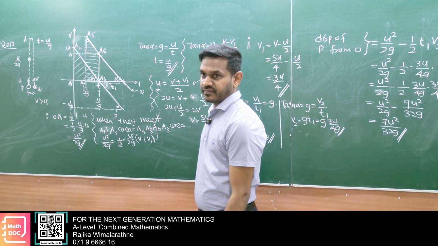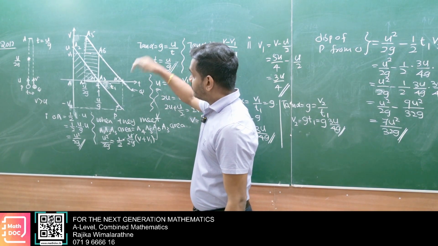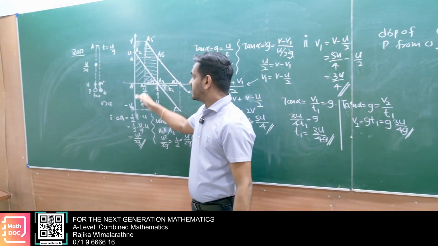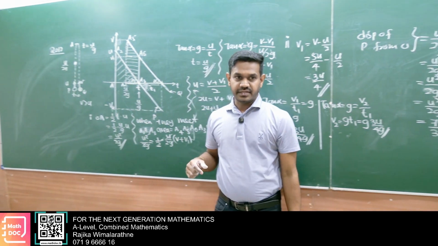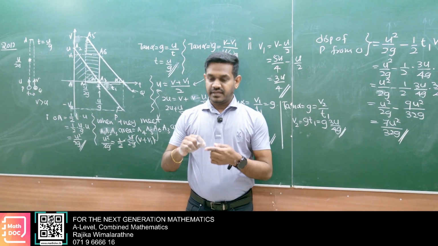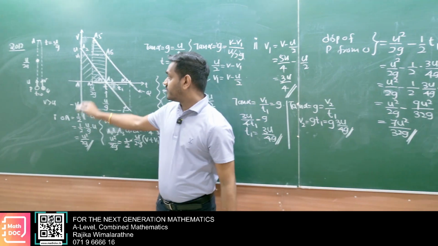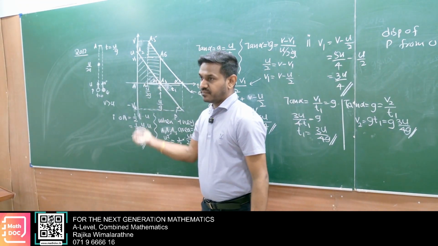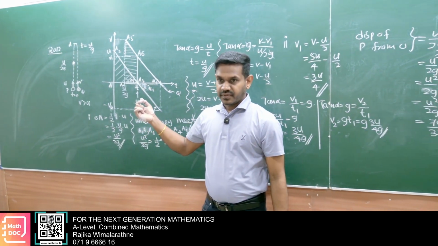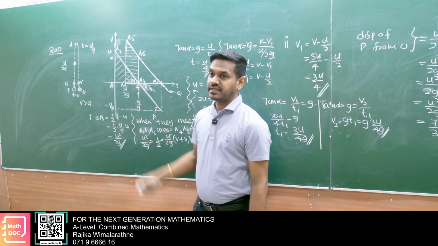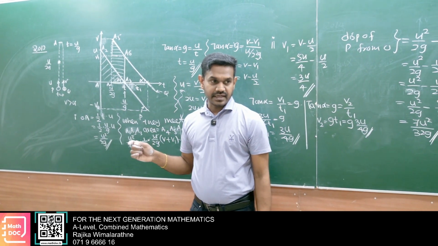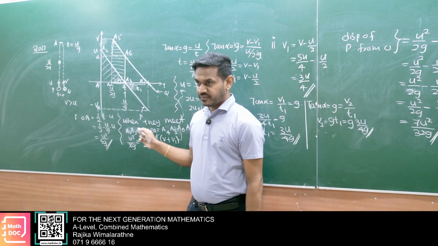So half of that time, U over 2g, another particle Q is projected with velocity V. Then half of that time, therefore while P is moving, Q is projected. No? Then finally it says that they meet at the highest point of P.